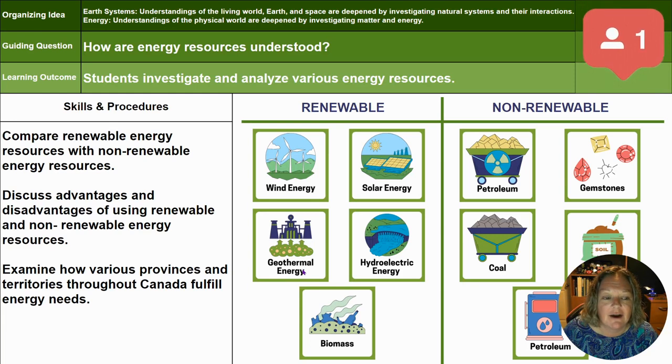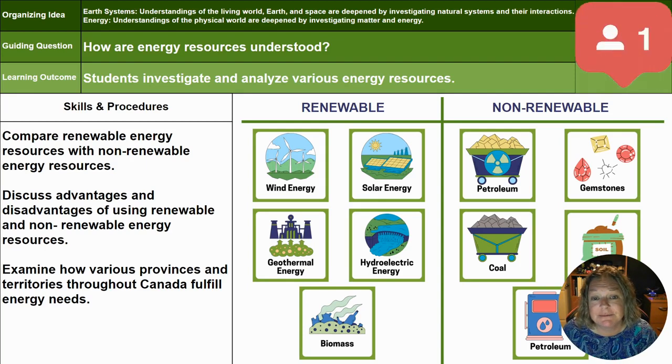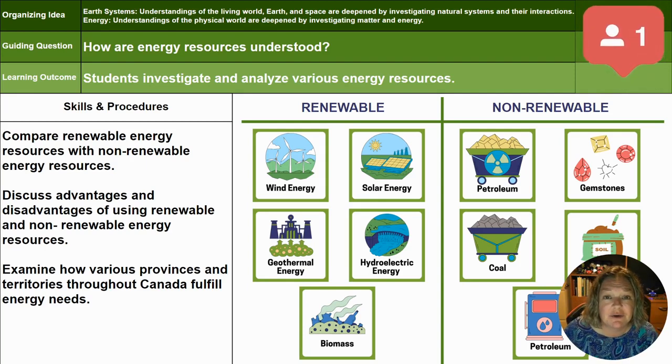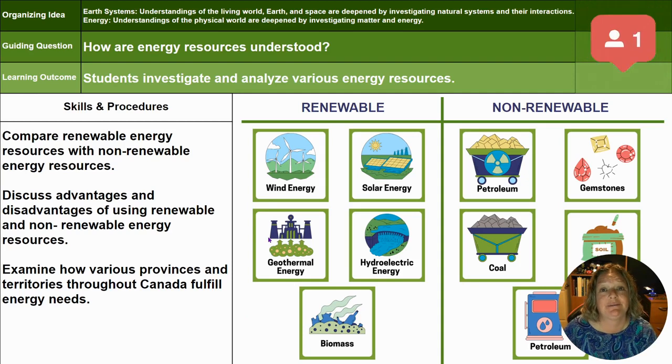Again, if we ask them to convey what they know about renewable and non-renewable energy through some type of artifact, it could be a slideshow presentation, ask them to do a Scratch project, and we have these opportunities to also check off some of those computer science skills and procedures while we're doing these energy and Earth systems topics as well.